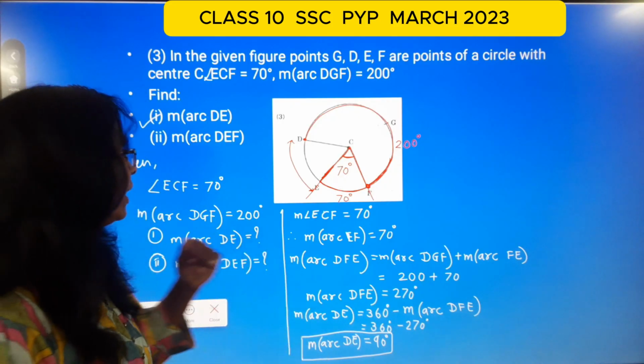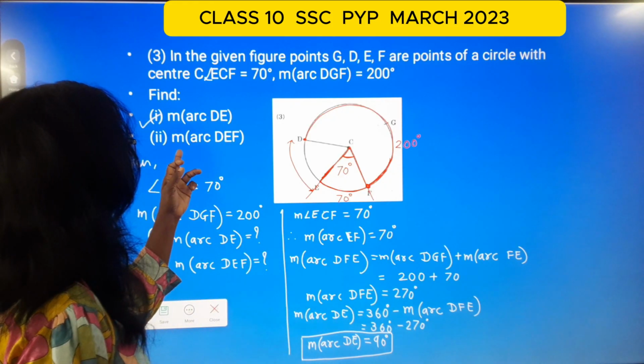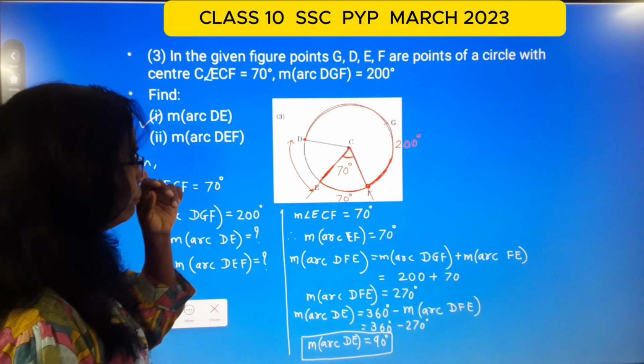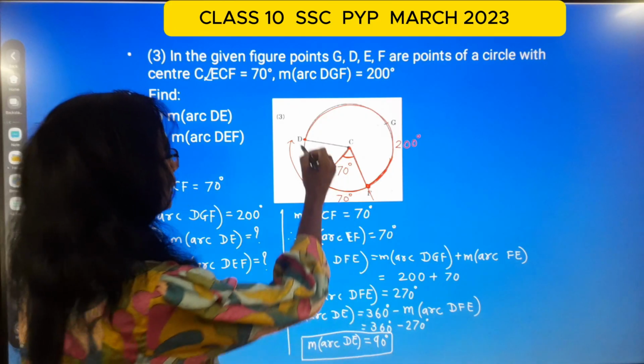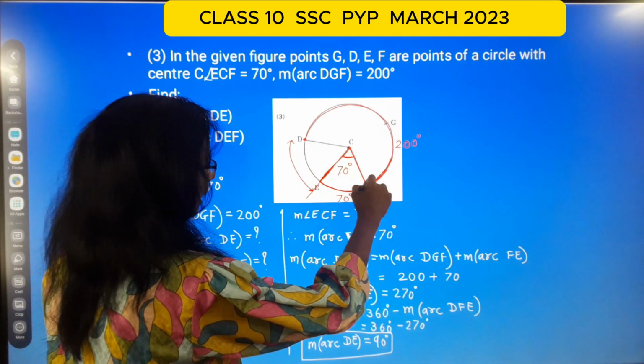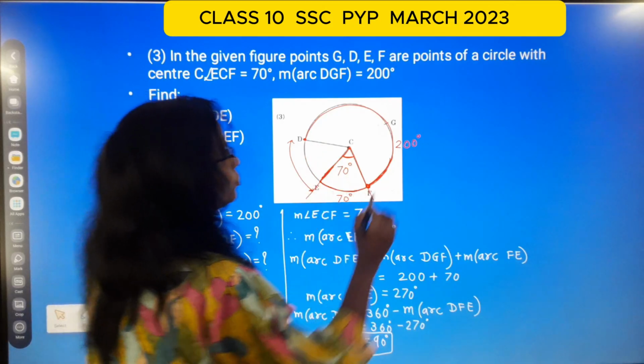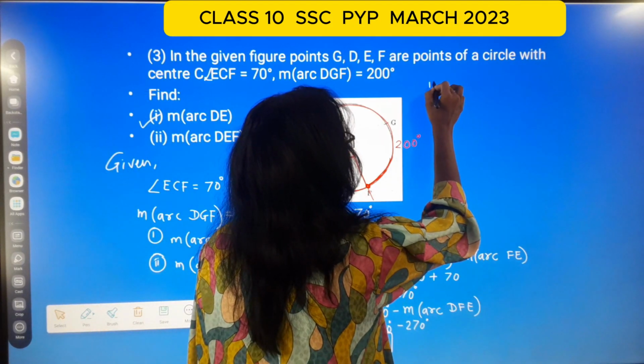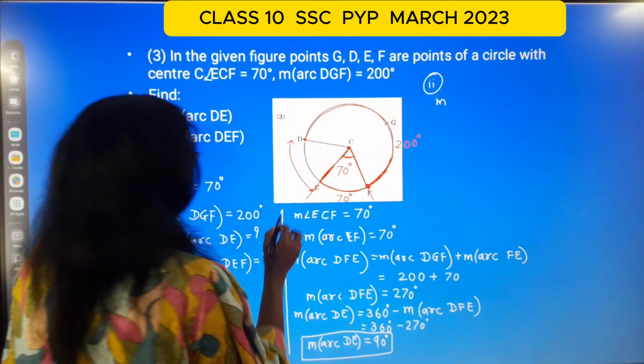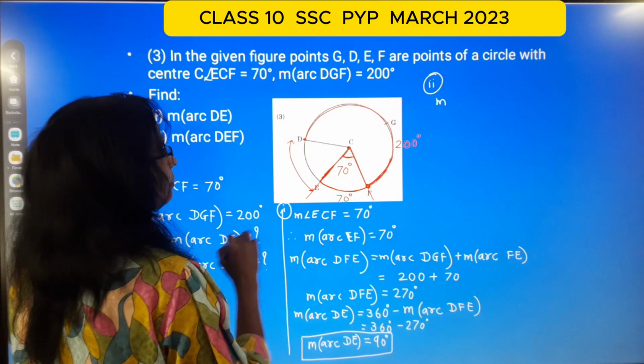Now next one students, calculate major arc DEF. So how can I find out the major arc DEF? This part is the second, this part is the first part.